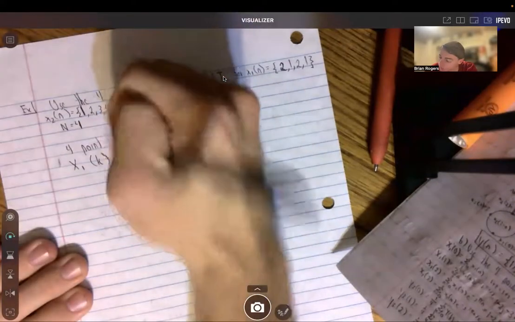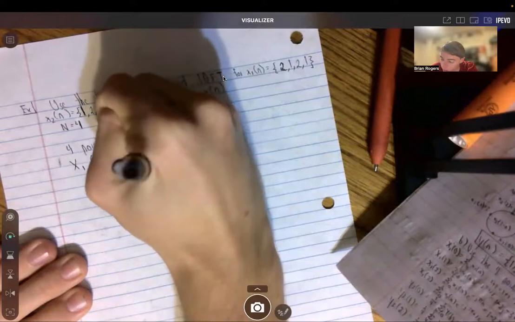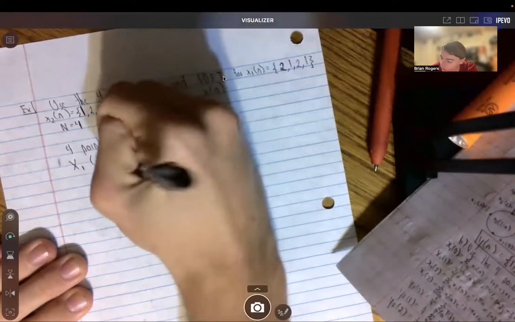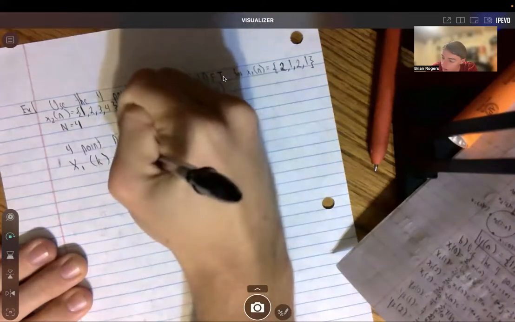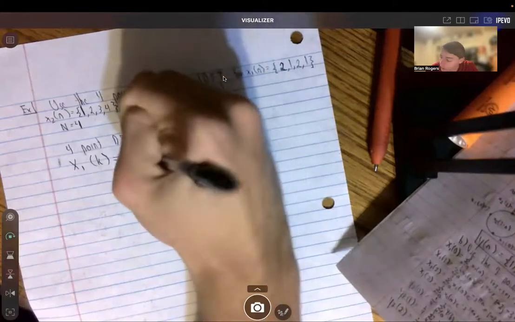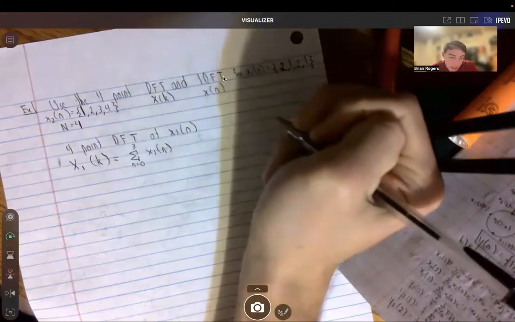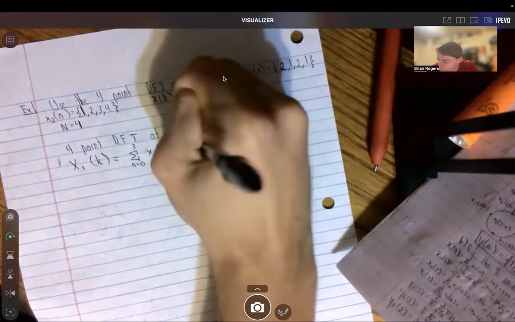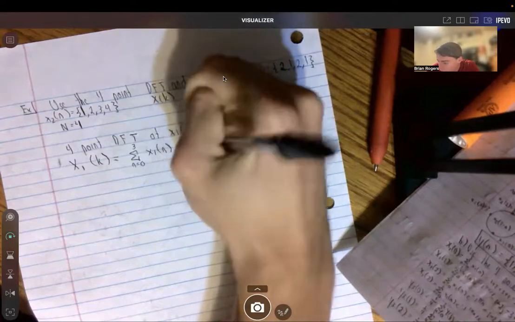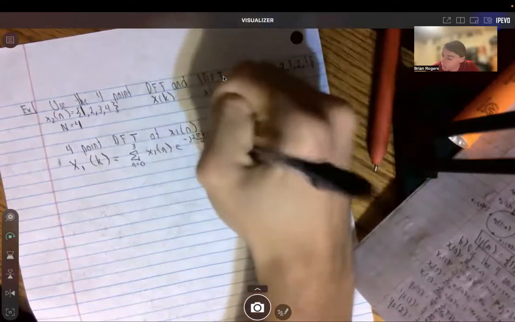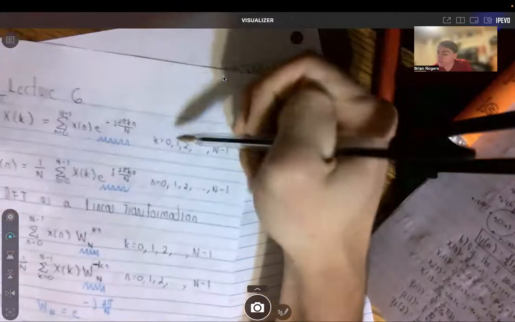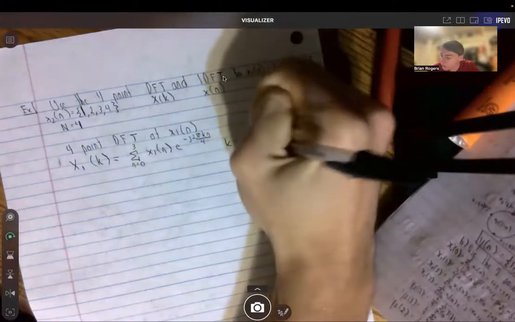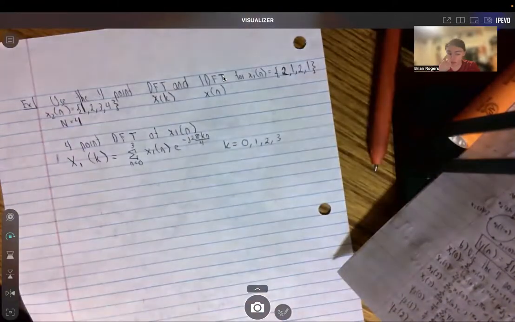It's the summation from n equals 0 to N minus 1, because capital N is 4, and 4 minus 1 is 3, of x1 of n times e to the negative j 2 pi k n all over capital N, which is 4. This is for k equals 0, 1, 2, all the way to N minus 1, which is 3. So 0, 1, 2, 3. That's where we stopped.